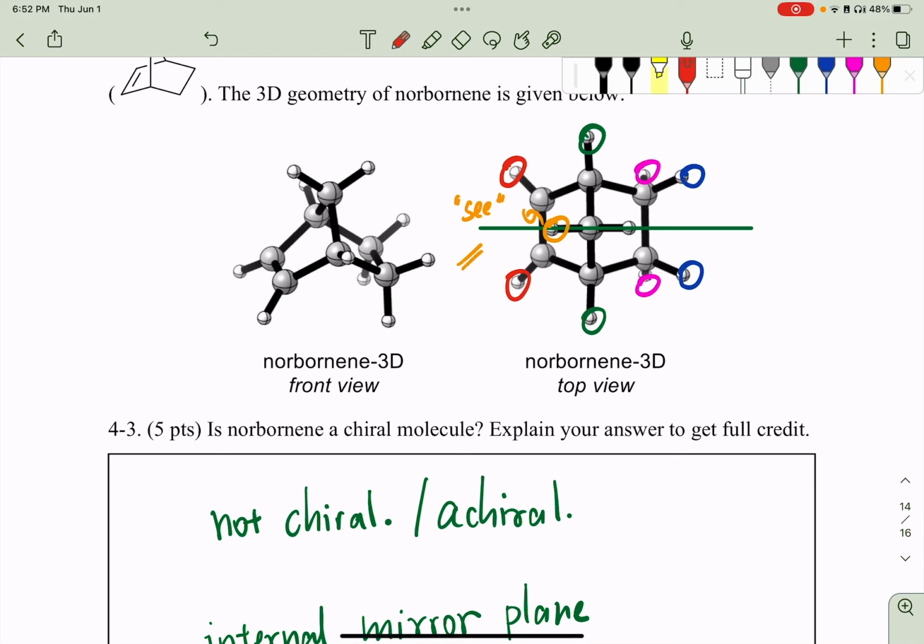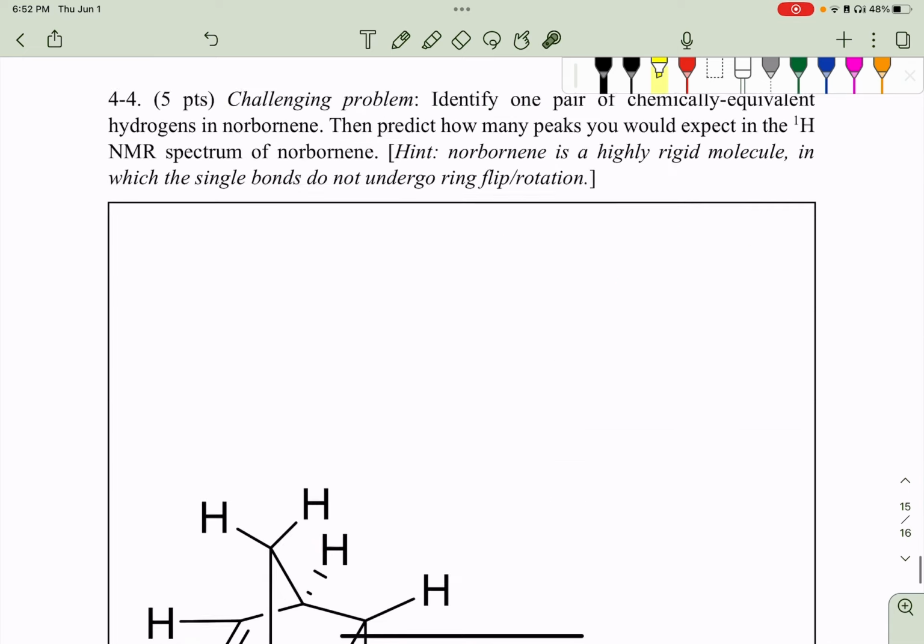And this one here, okay, let me use a different color, sees all saturated carbon. So we have a total of 1, 2, 3, 4, 5, 6 different peaks.